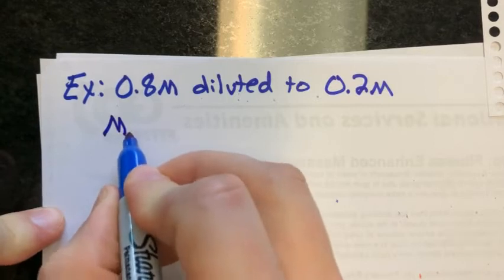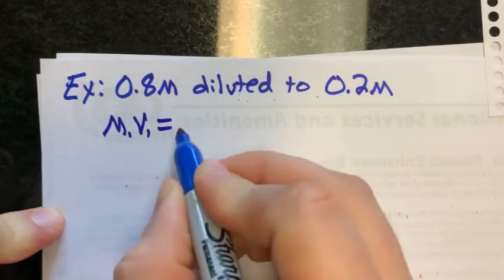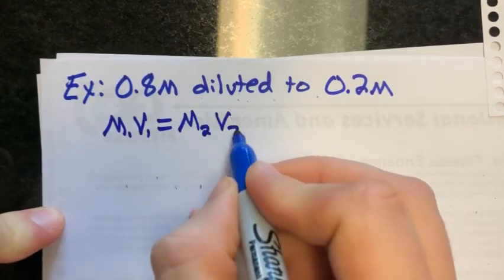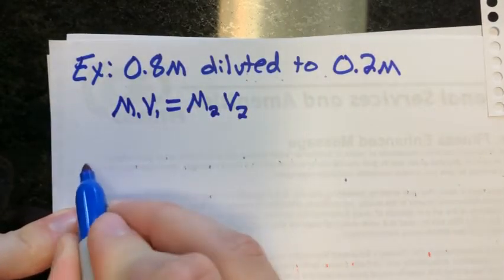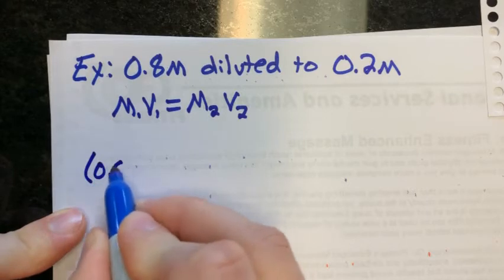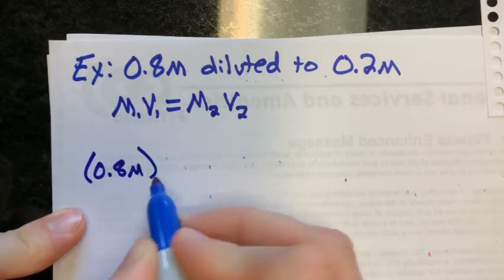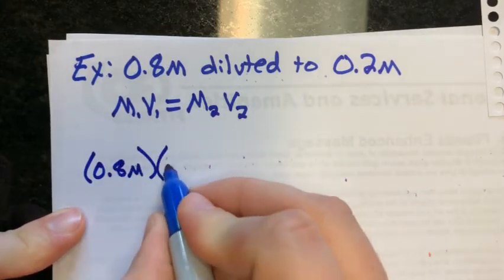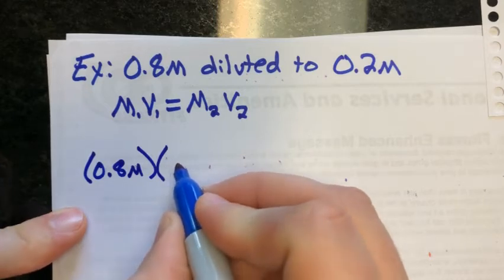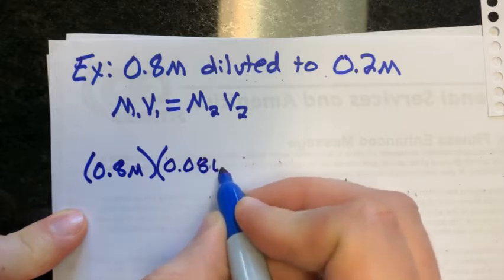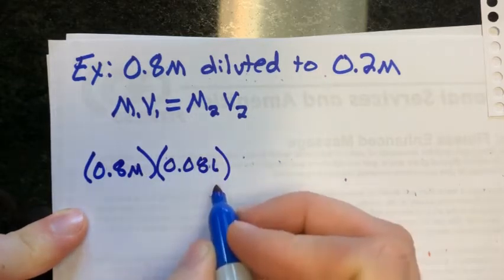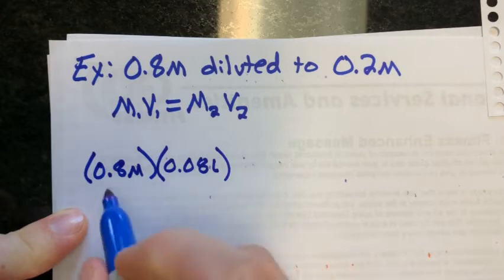So our equation again, M1V1 equals M2V2. So our before solution, we knew that it was a molarity of 0.8 molar. And our cups had 80 milliliters, so we said that was 0.08 liters. So those are our 2 units that we need for this equation to work.